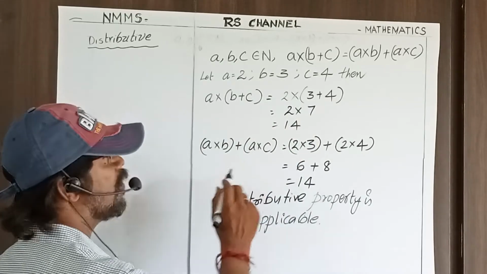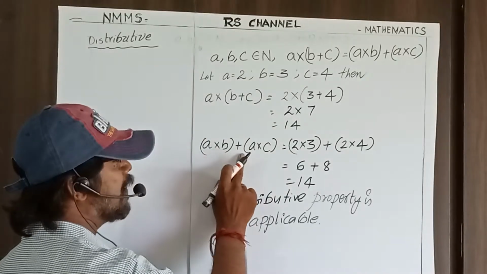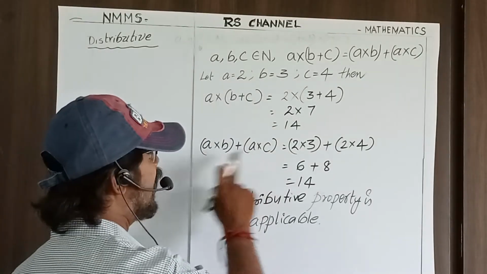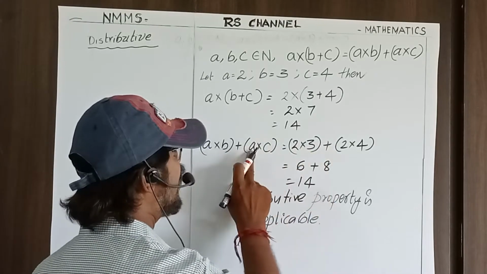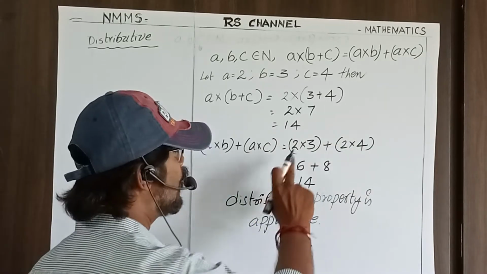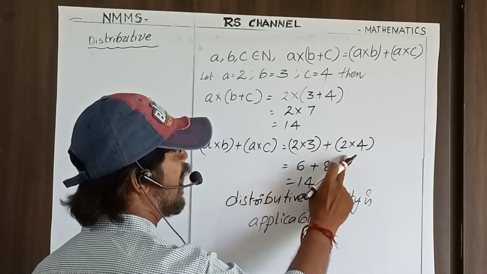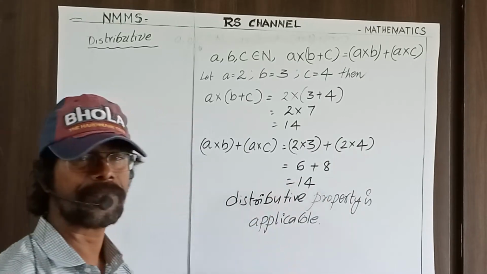Now do the operation A into B plus A into C. Here A is equal to 2, B is equal to 3 and C is equal to 4. Now 2 into 3 becomes 6 and 2 into 4 becomes 8. That is equal to 14.